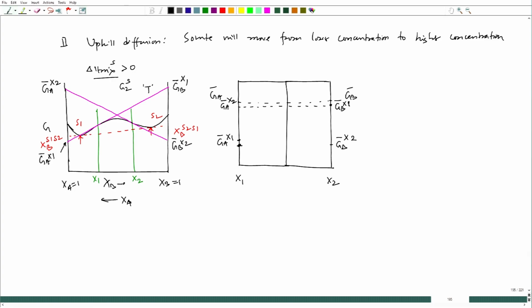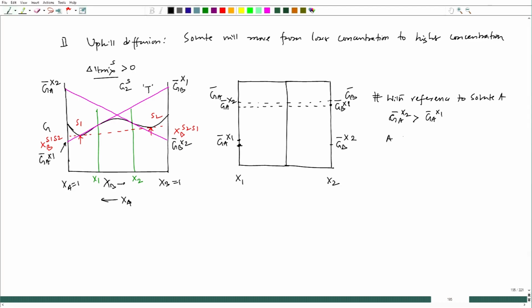The relation would be, with reference to solute A, I could see that G A bar x 2 is greater than G A bar x 1. So, that means the escaping tendency of A from the alloy x 2 is more than the escaping tendency of A in x 1.